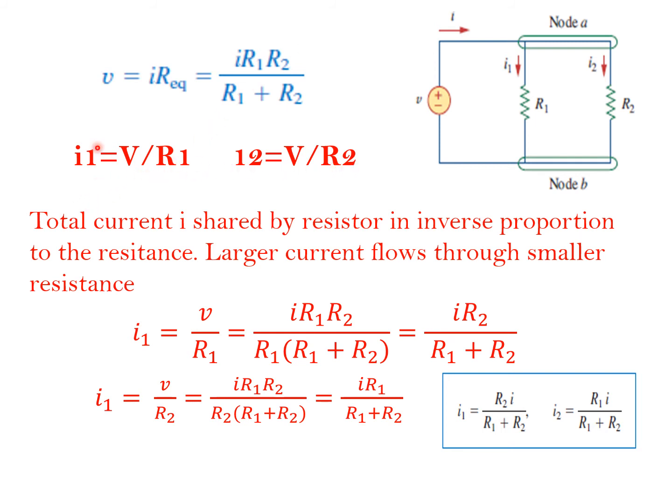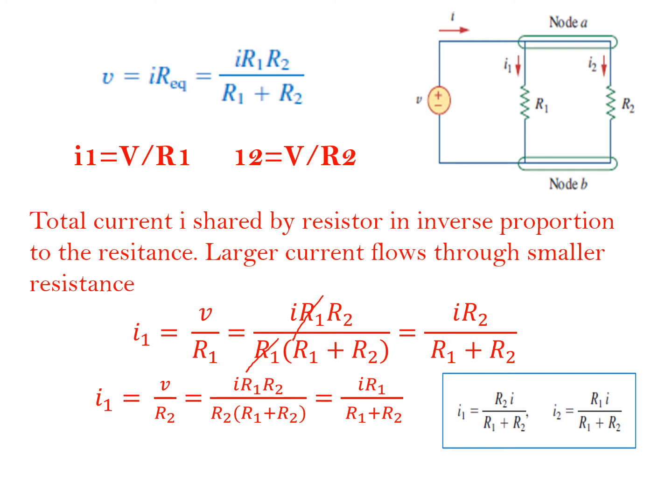I have to substitute the value for V. So V is equal to I into R1 R2 divided by R1 plus R2. Now the R1 and R1 get cancelled, and finally I get I into R2 divided by R1 plus R2.